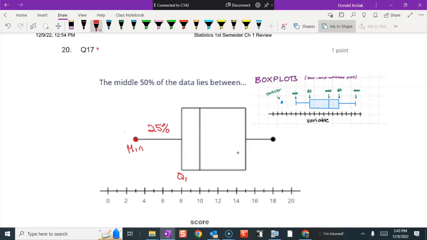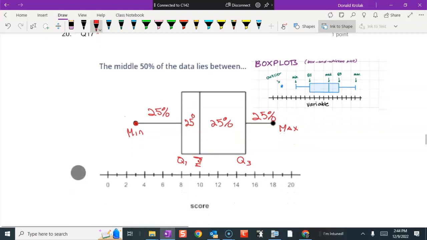Then between the quartile and the median, which is the line inside my box, that's going to be 25% of the data. From the median up to the upper quartile, Q3, that's going to be another 25% of the numbers. And then finally from Q3 to the max, that's going to be my final 25%. So it divides the data into 4 equal parts.